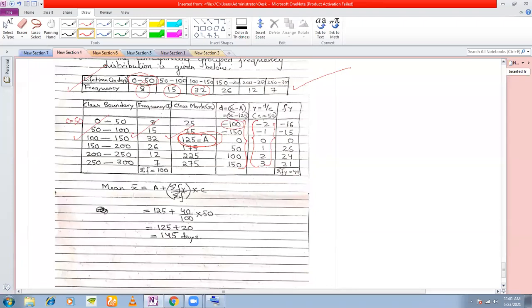So minus 100 divided by 50 will give me minus 2. Minus 150 divided by 50 will give me, this should be minus 3, I think. Just let me check. This is 75 minus 125.